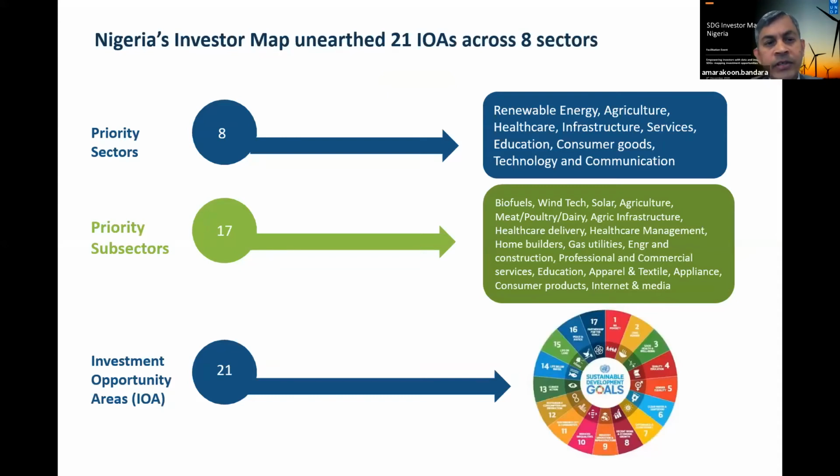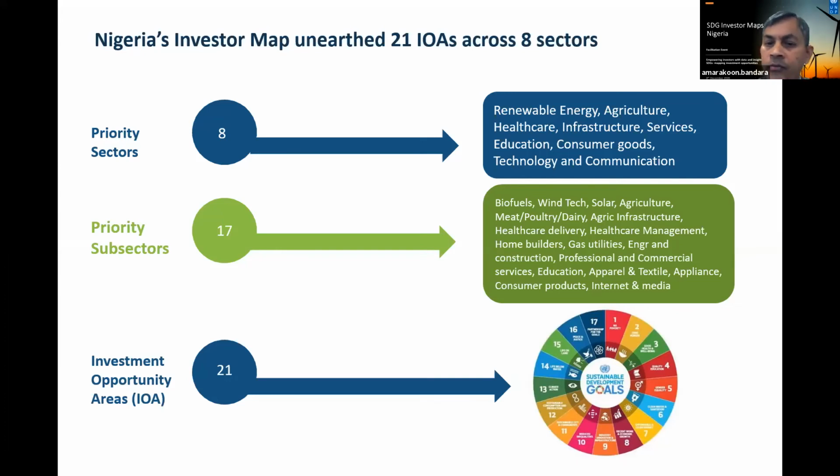Now, in terms of the results, we identified 8 priority sectors, including renewable energy, agriculture, healthcare, infrastructure services, education, consumer goods, technology, and communication. And out of these, we prioritized 17 subsectors within those 8 priority sectors.